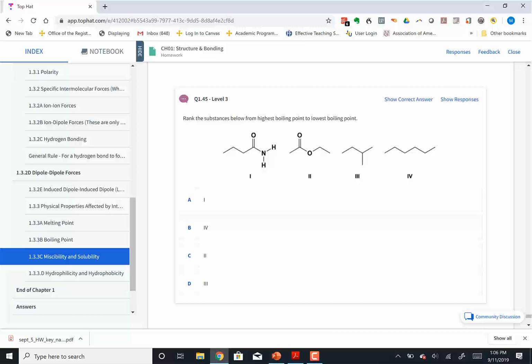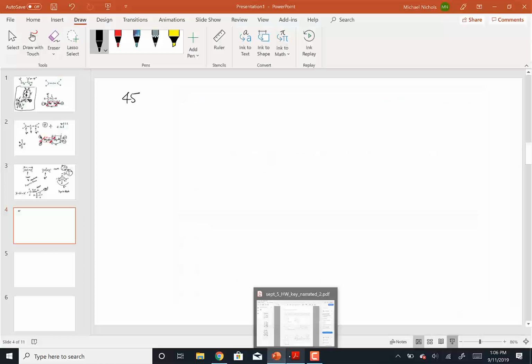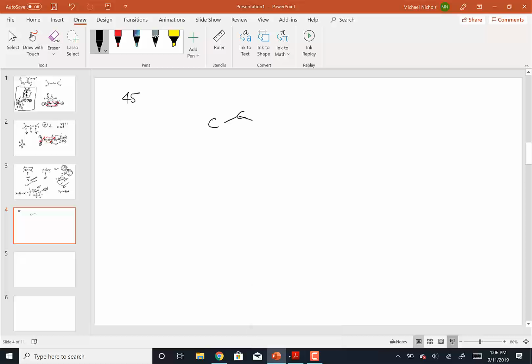And the reason for that is because if you have the carbon-hydrogen bonds in a straight chain, the molecules themselves will be able to fit.